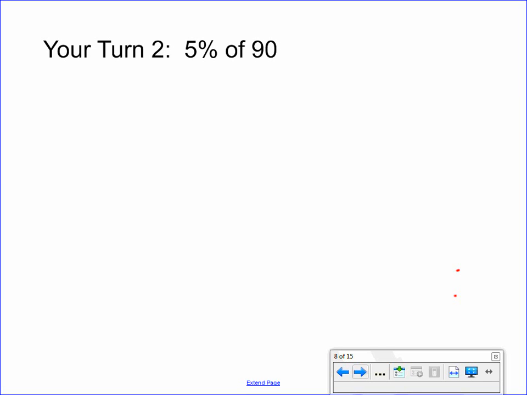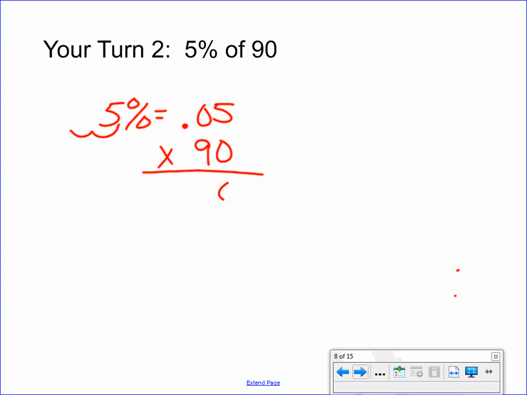Okay, 5% of 90. And like I said, I'm just going to go ahead and do decimal form now. I've got 5%, which is the same as moving my decimal 2 spots to the left, 0.05. So let's take that times 90. 0 times 5 is 0. 0 times 0 is 0. Put my 0 to move over to 9. 9 times 5 is 45. 9 times 0 is 0, plus 4 is 4.